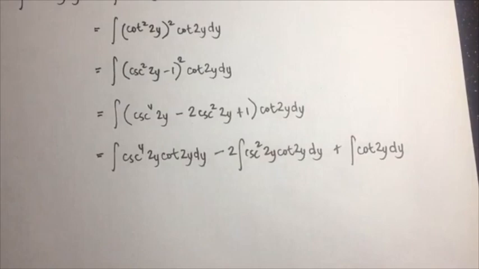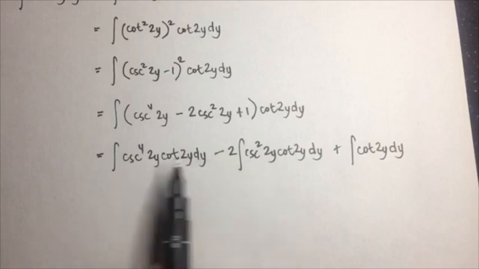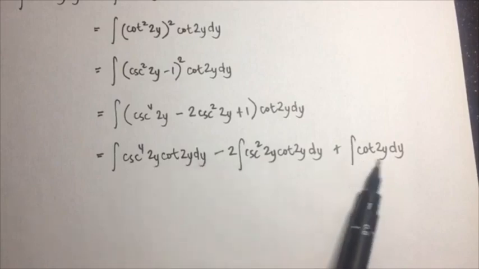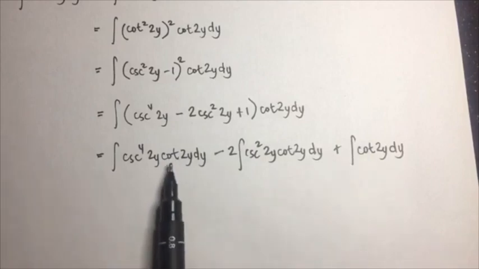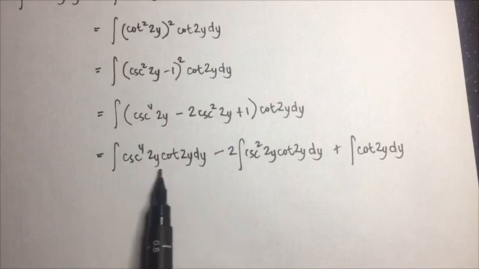Okay, so we can solve this using, so the first two terms are the general power formula. The integral of cotangent here is simply ln of sine. Okay, but we must identify first our u.